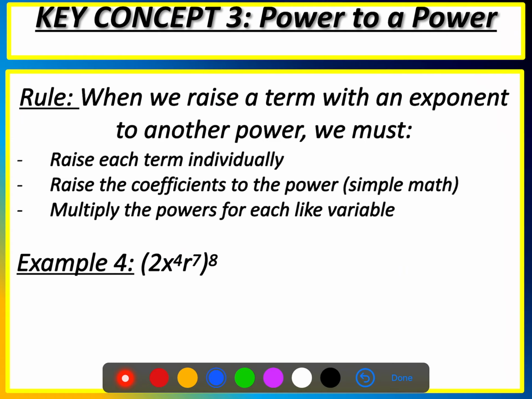For the exponents, it means we're going to multiply them. So I'm distributing this exponent in, but since it's an exponent, it's just going to work a little bit differently. So coefficients get raised to the power, and variables get multiplied.